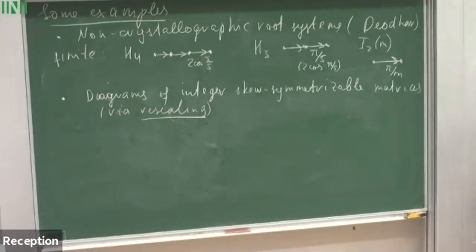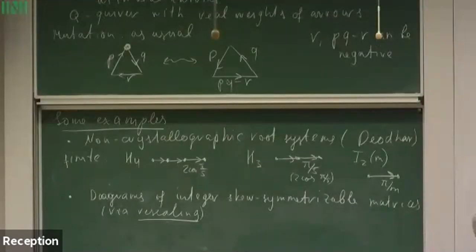Let me write it here. Rescaling, which was introduced by Nathan Reading. Let us take two skew-symmetrizable matrices B and B prime.